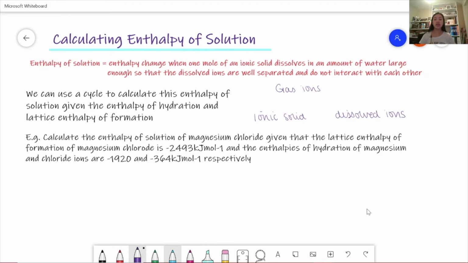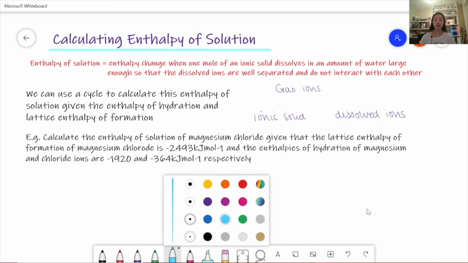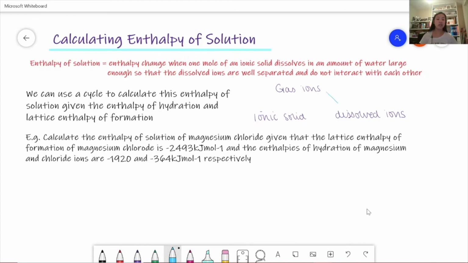So to go from the gas ions to the dissolved ions, these would be the hydration enthalpies, because that's the definition of hydration enthalpy, is basically adding water to these gas ions to turn them into dissolved ions.